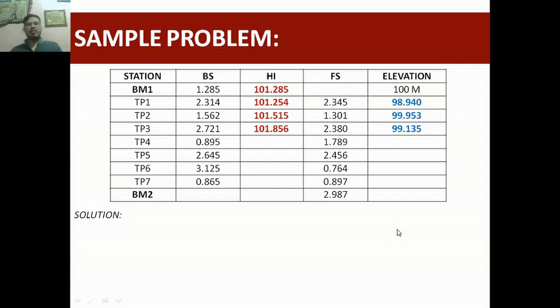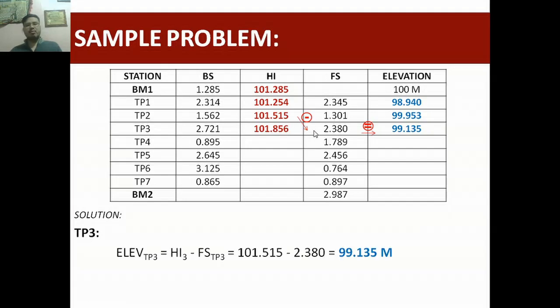Let us proceed with turning point 3. Follow this process or this pattern. From here, minus, equals. After we jump here, equals, minus again, so you go down one level in the tabulation. So the computation is HI3 minus foresight of TP3 equals the elevation of TP3. And then the next pattern is you jump here.